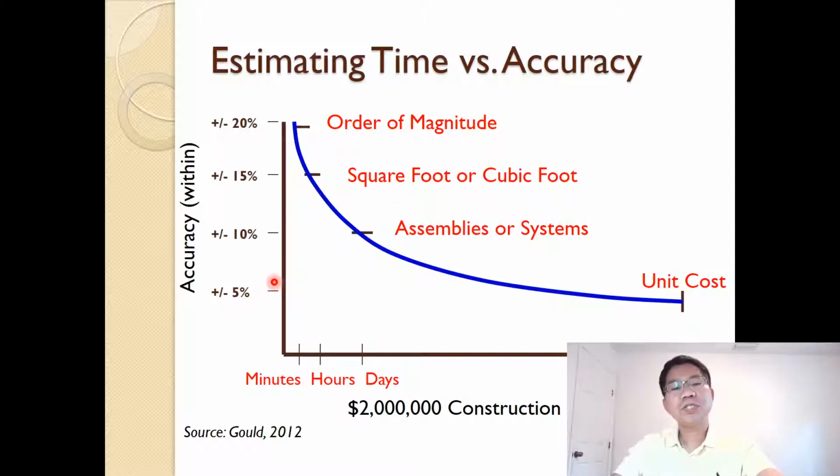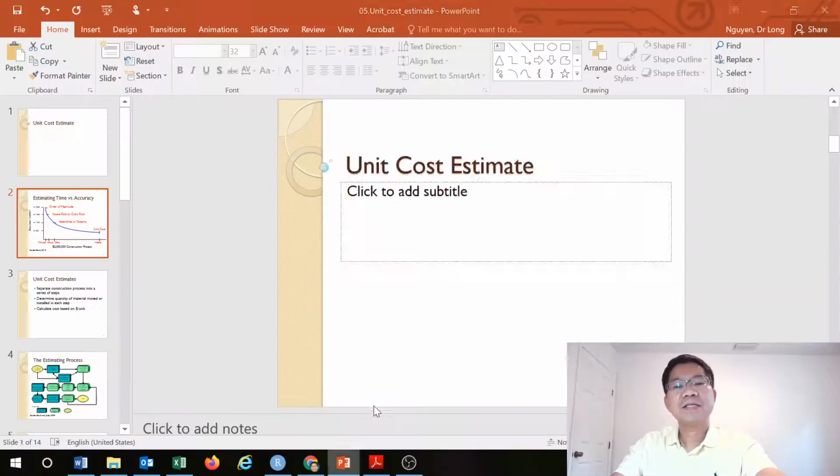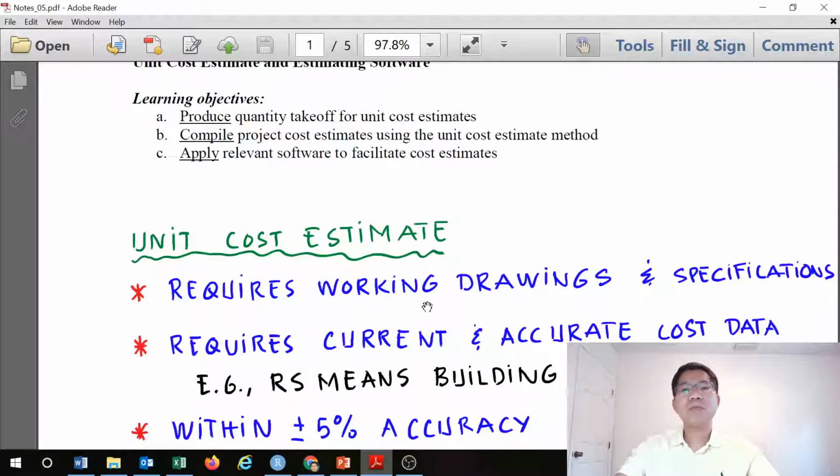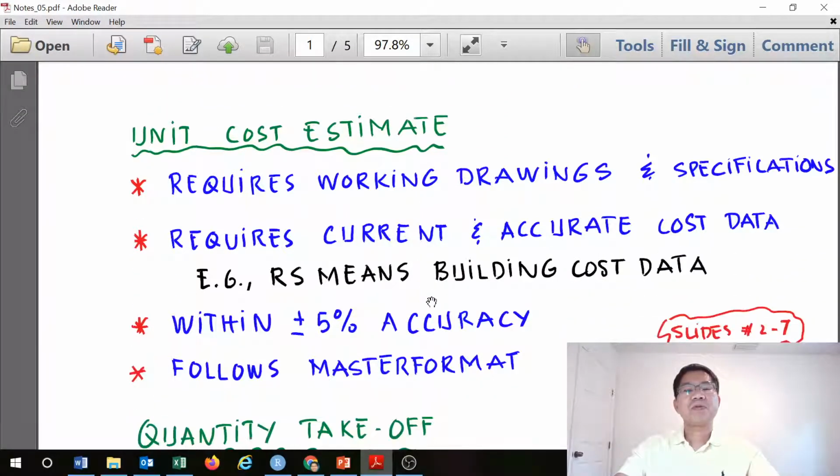Before we continue to the slide, I want to give a few notes for this method. First, to do the unit cost estimate, the project needs a clearly defined scope of work, realized in the working drawings and specifications. For example, this project is a wastewater treatment plant.